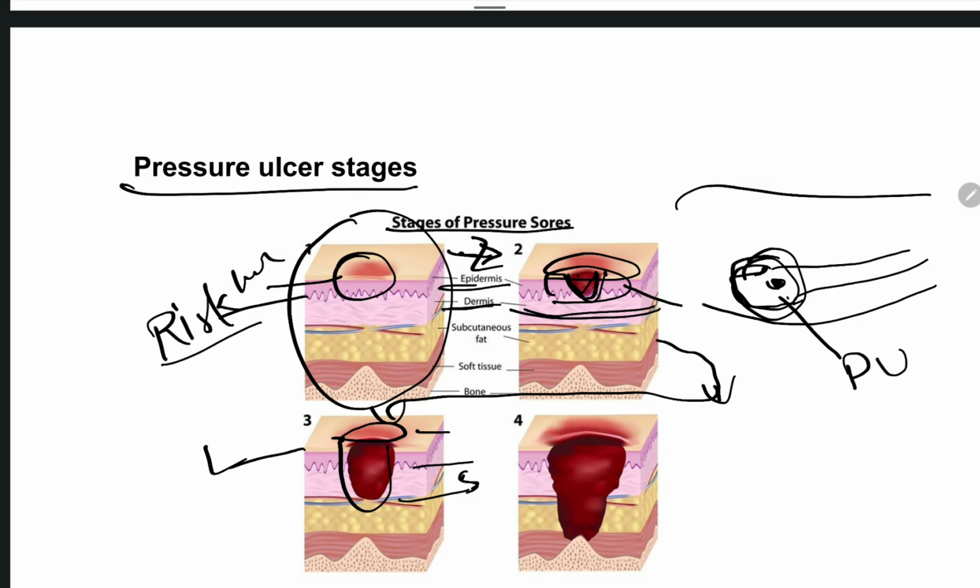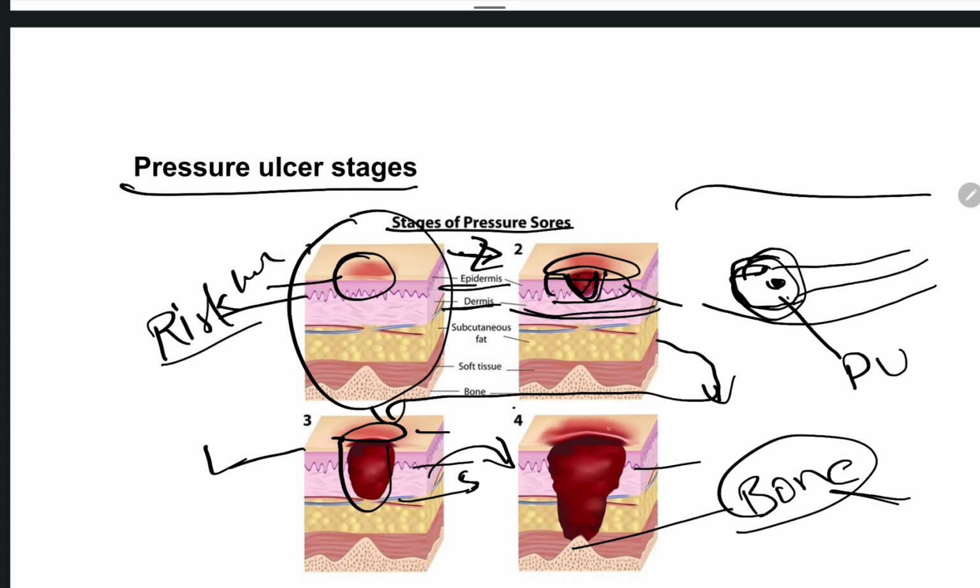This is the third stage. And finally the fourth stage is almost touching the bone. We can see the structure of the bone. That is the fourth stage, when you are still not treating. So it goes through the epidermis, dermis, subcutaneous tissue, muscle and bone. Finally you can see the bone. These are the stages of the pressure ulcers.